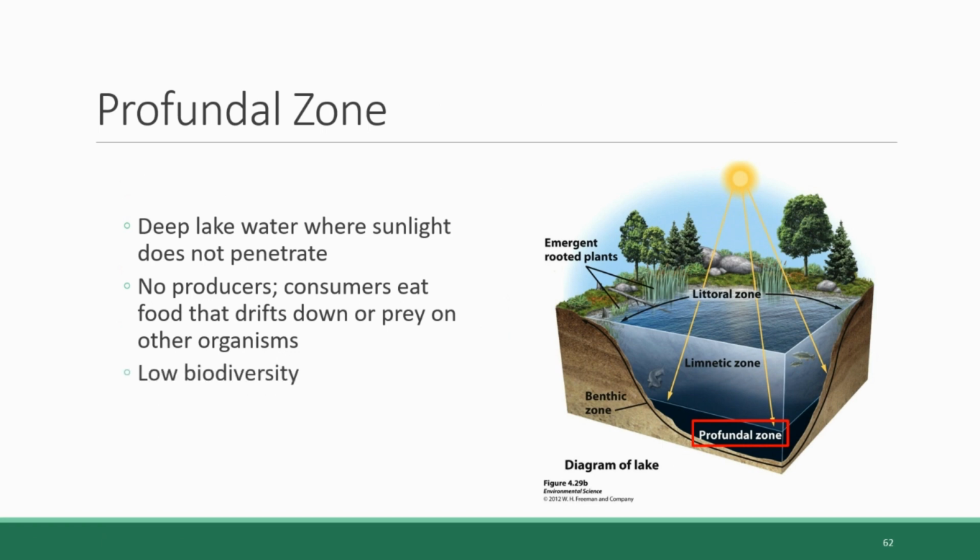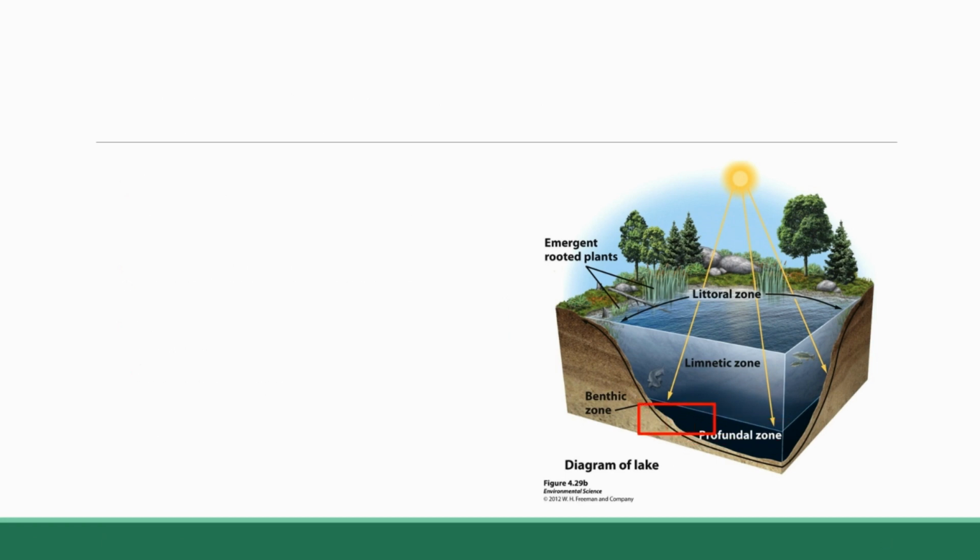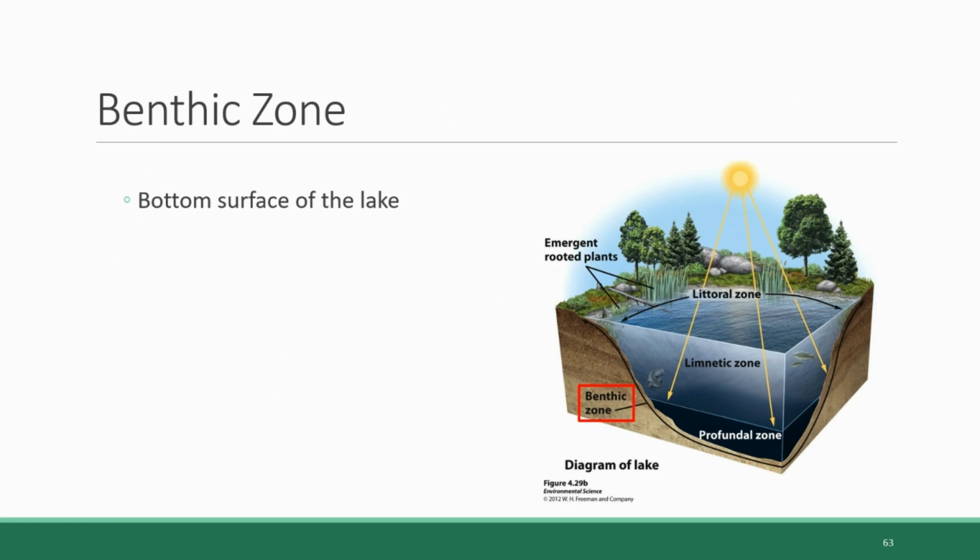And then finally, that brings us to the benthic zone, the very bottom of the lake, which again shares its name with the marine biome of the same space. Benthic zones are at the bottom surface of the body of water, and what this biome looks like varies based on its depth, just like in the ocean.